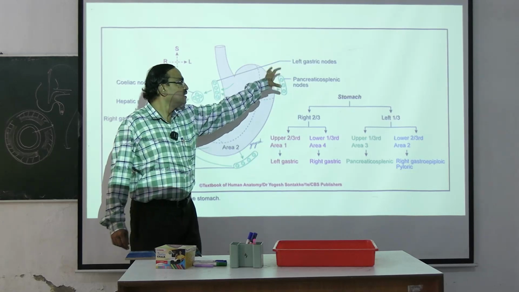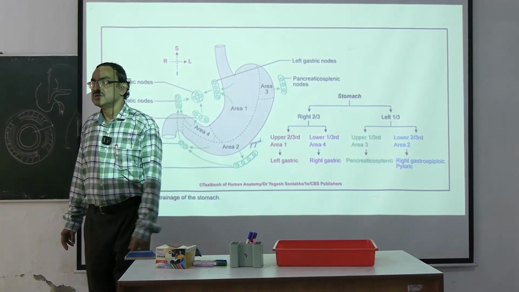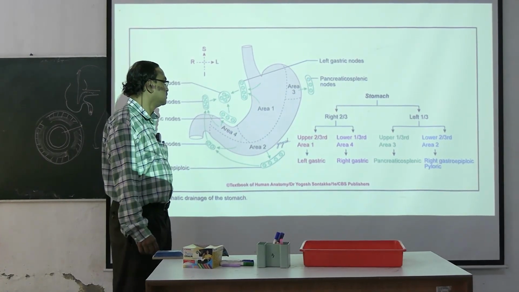So within the hilum we are getting the pancreatico-splenic group of lymph nodes.